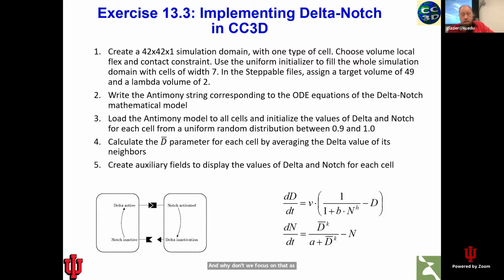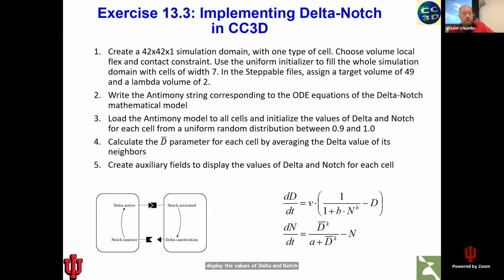And then the thing that's going to be a little bit more work, and I'll walk you through these, is calculating the D average parameter for each cell. So I have to iterate over the neighbors of each cell, read the value of D for each one, and average that. And then I'll create auxiliary fields to display the values of delta and notch.